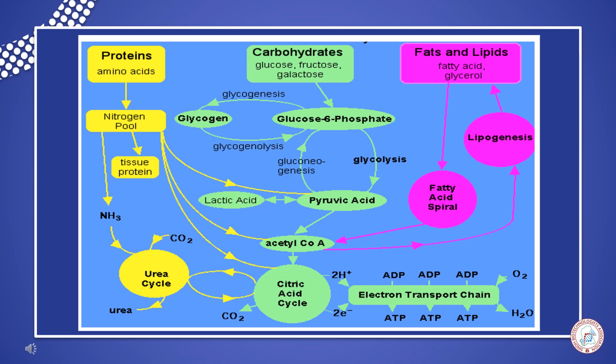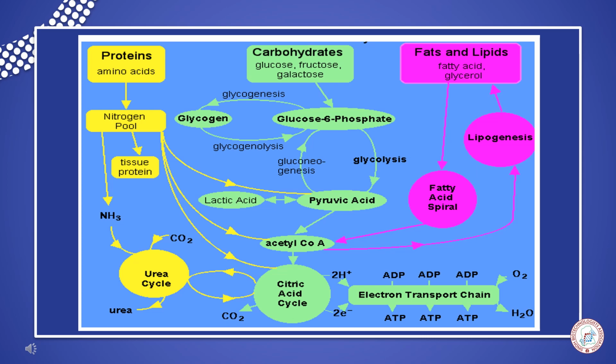All these macromolecules are converted into their monomeric units via different biochemical pathways mentioned in this slide: glucose undergoes glycolysis, the lipid undergoes beta oxidation, and the protein is degraded into amino acids. If a large amount of glucose is present inside the body, it will be converted into glycogen.